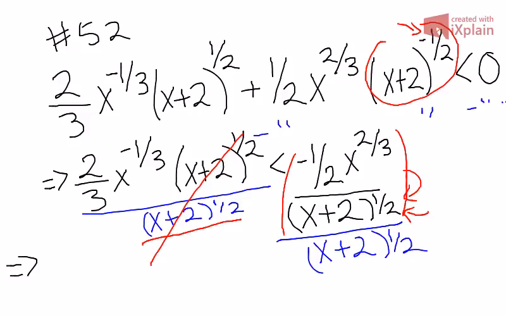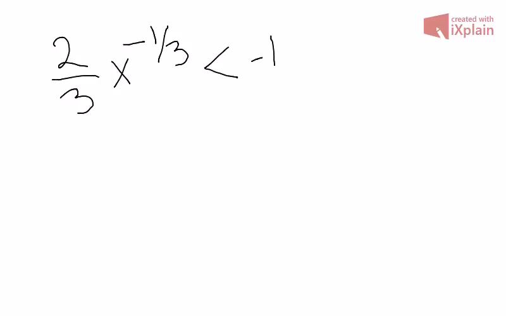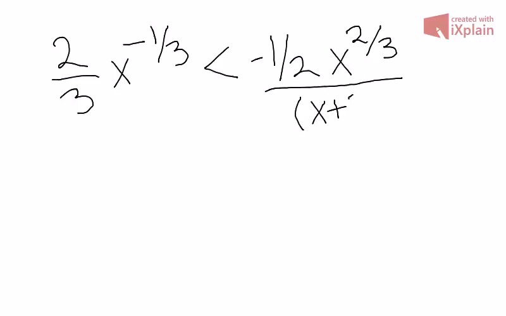So that's really x plus 2 to the 1. And I represent that right here. So I'll go ahead and rewrite the whole thing. Okay, so we've now combined all of that.